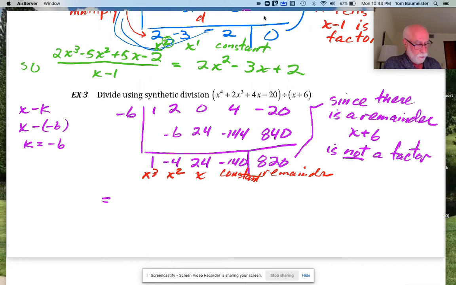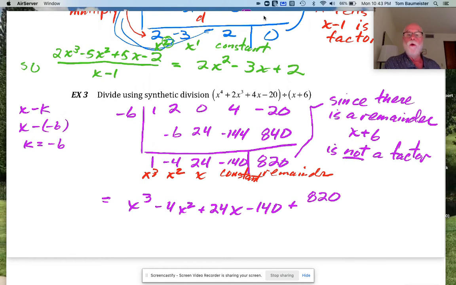So then our answer for this problem is going to be x cubed minus 4x squared plus 24x minus 140. And remember, from yesterday, when I had the remainder, I had to put that over my divisor, which in this case is x plus 6.